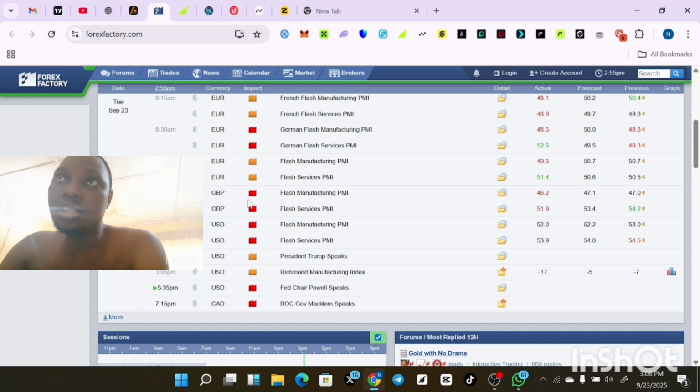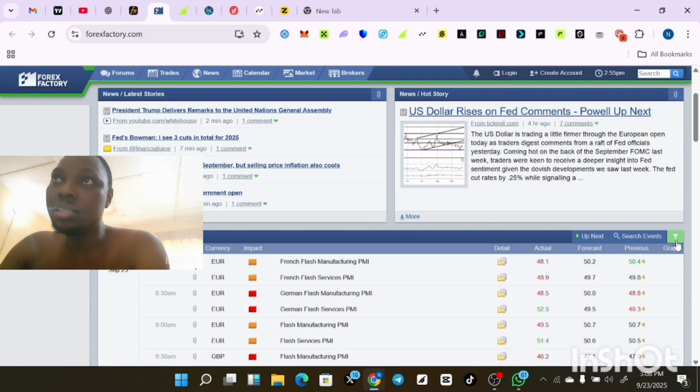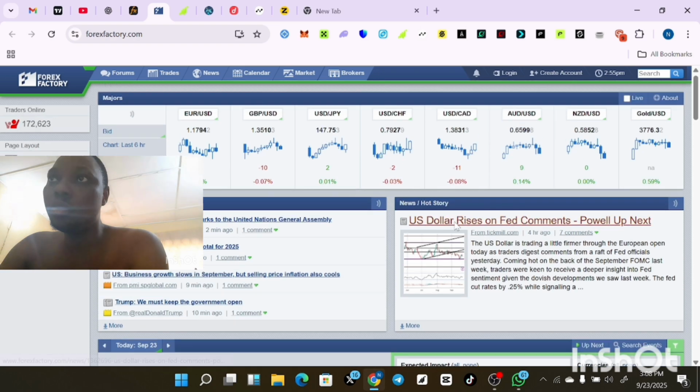In the filter you will also see this brown and this yellow color. These, even the brown news, don't really move the market. But you see red folder news, that is where you pay attention.